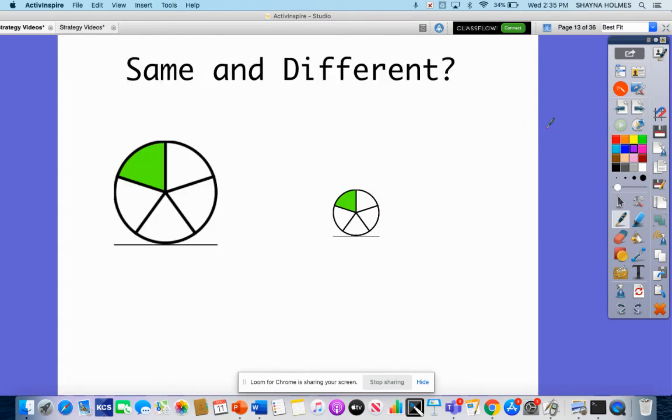Okay, let's talk about one last thing here today. We have 2 unit fractions here. We have 1, 2, 3, 4, 5 pieces, so we have 1/5. And over here we also have 1, 2, 3, 4, and we also have 1/5. Do you think that these 2 are the same, or are they different? Well, I think they're a little of both. They both represent the same fraction, but the whole is a different size.